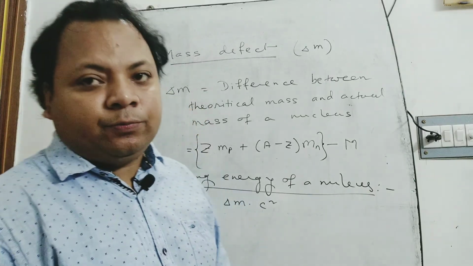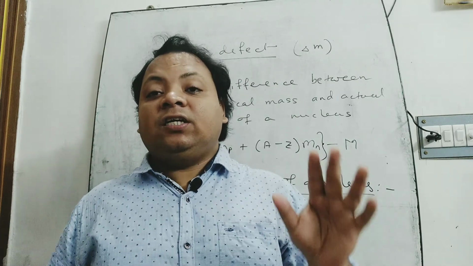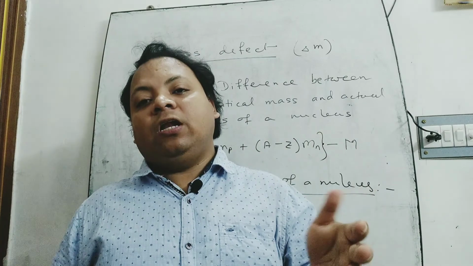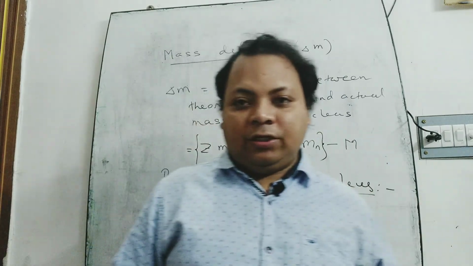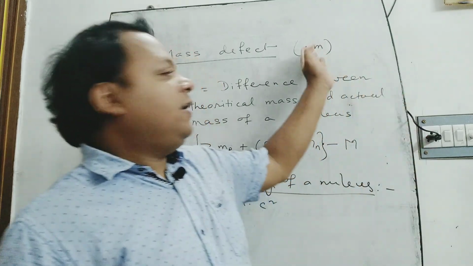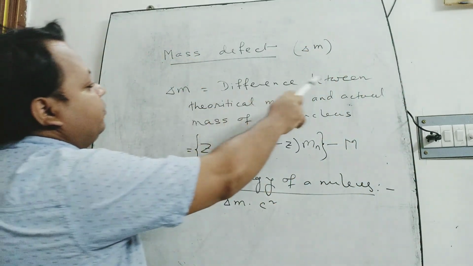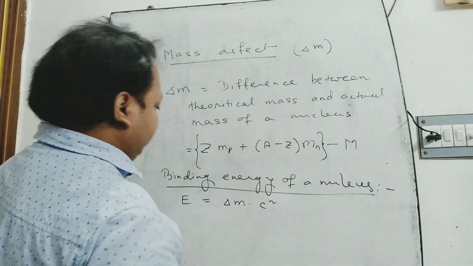Next, mass defect. What is mass defect? You know that there is some difference between the actual mass and the theoretical mass of a nucleus. This is known as the mass defect. It is denoted by delta M. Mass defect delta M is equal to the difference between the theoretical mass and the actual mass of a nucleus.